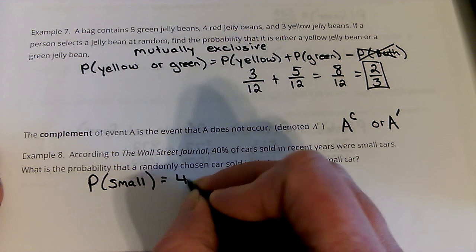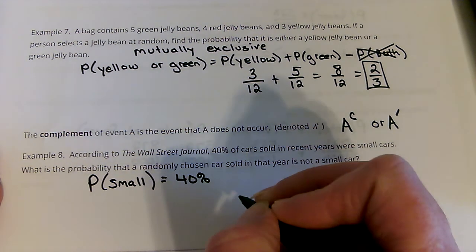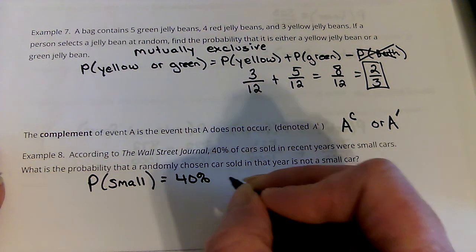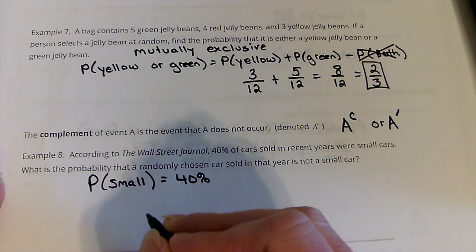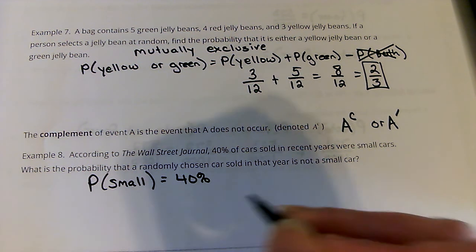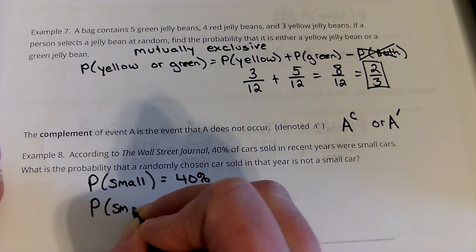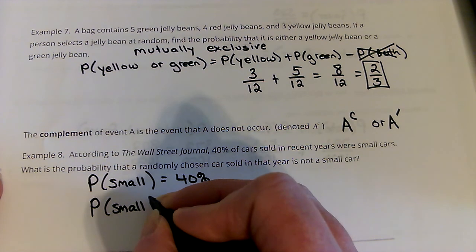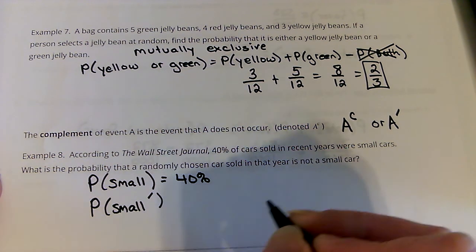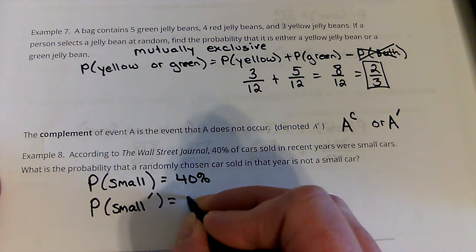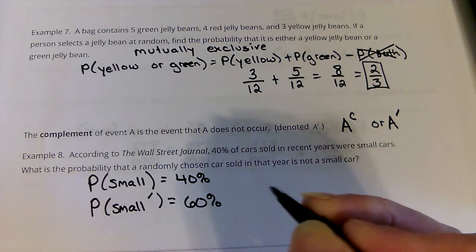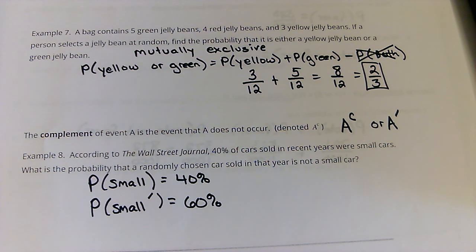So 40% is fine, because that really means it's 40 out of 100, or 0.40. Still, it's a number between 0 and 1, which is fine. Not small would be small with a little C or a dash. That's not small. Well, that would be 60%. It's the opposite. And that's what a complement is.